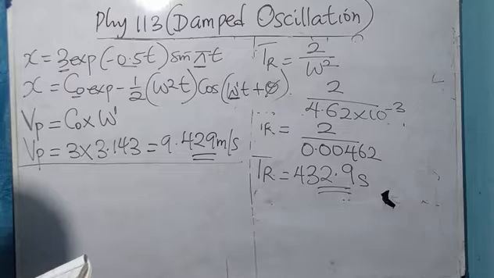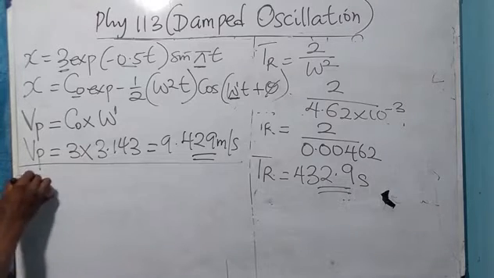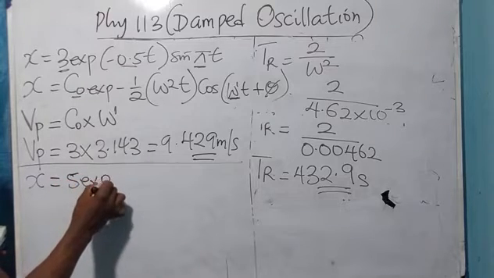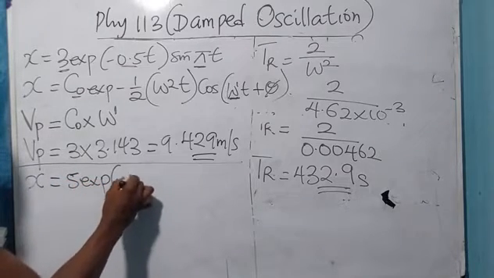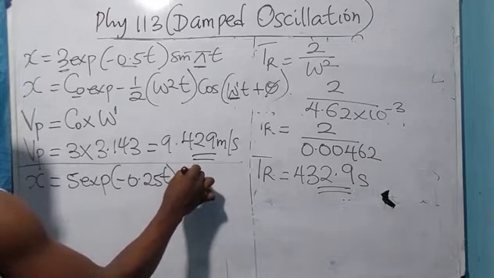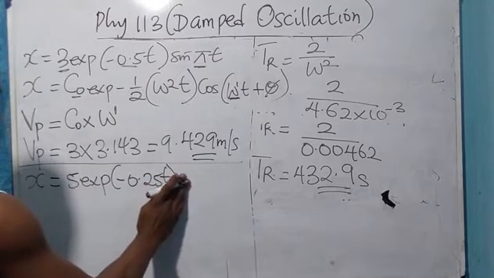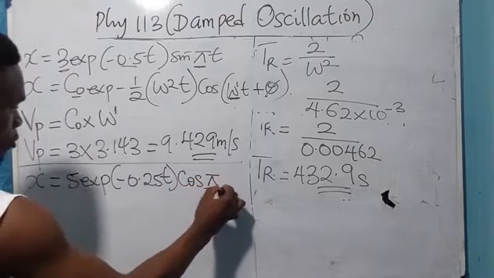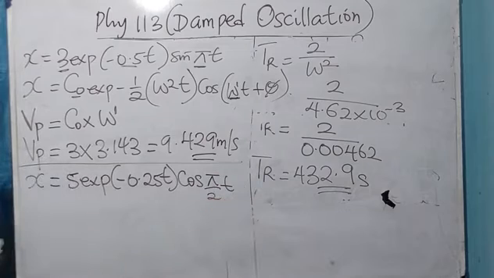So the last one said the equation of a damped oscillation is given by the formula x equals 5 exponent minus 0.25t, sine or cos, pi over 2 t.